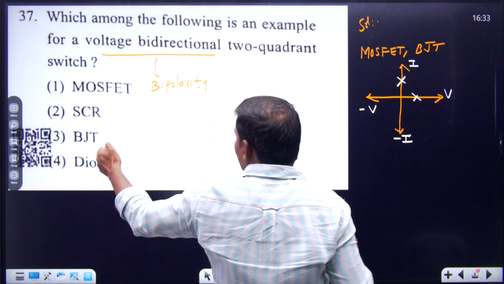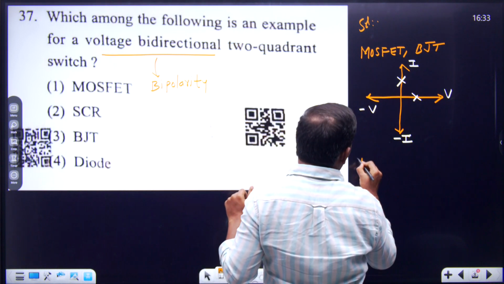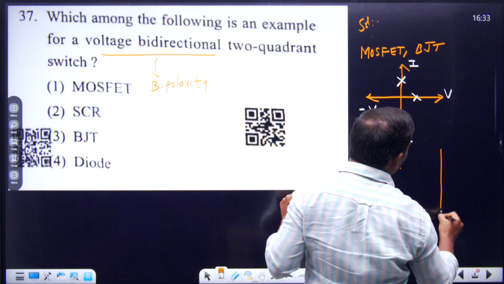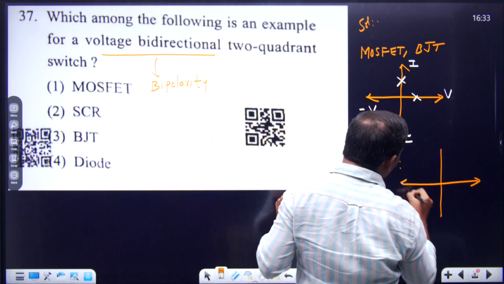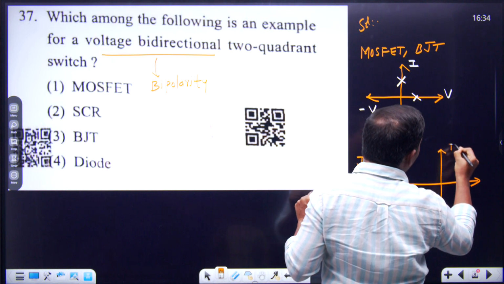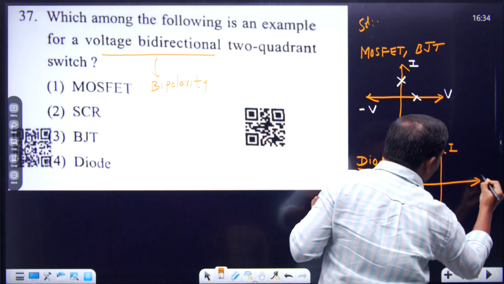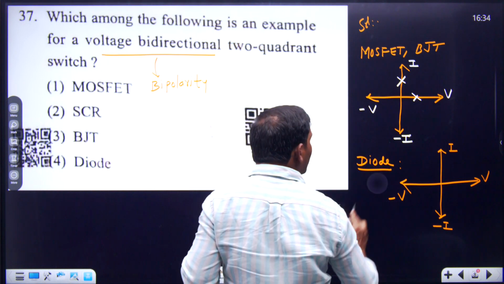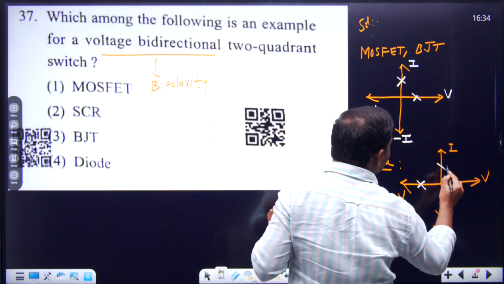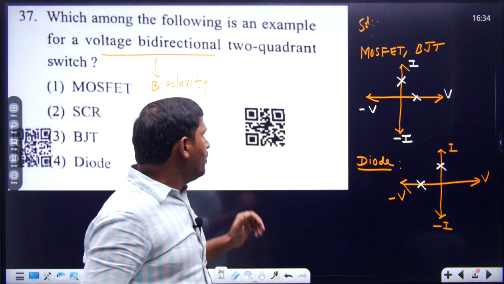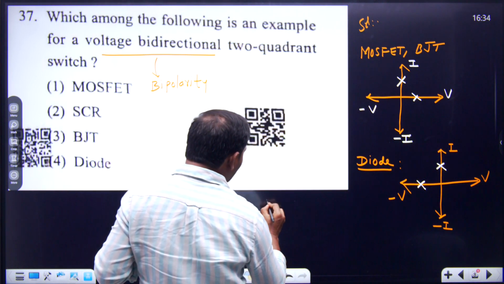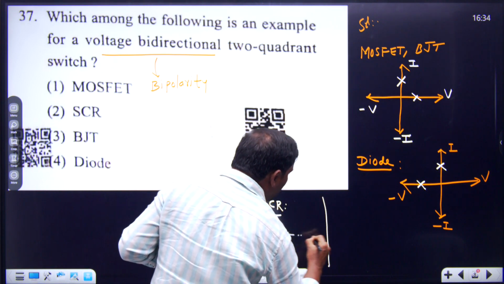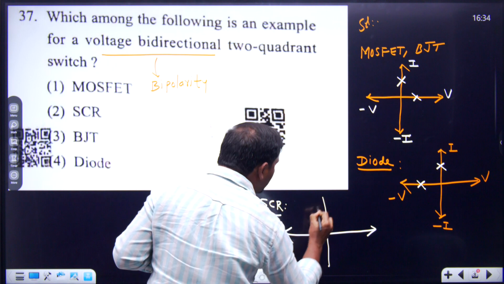Next, what about the diode, students? The diode is also unipolarity and unidirectional, but which voltage does it block? It blocks the reverse voltage and allows the forward current. But what about the SCR, students? SCR operates in both forward blocking mode and reverse blocking mode.